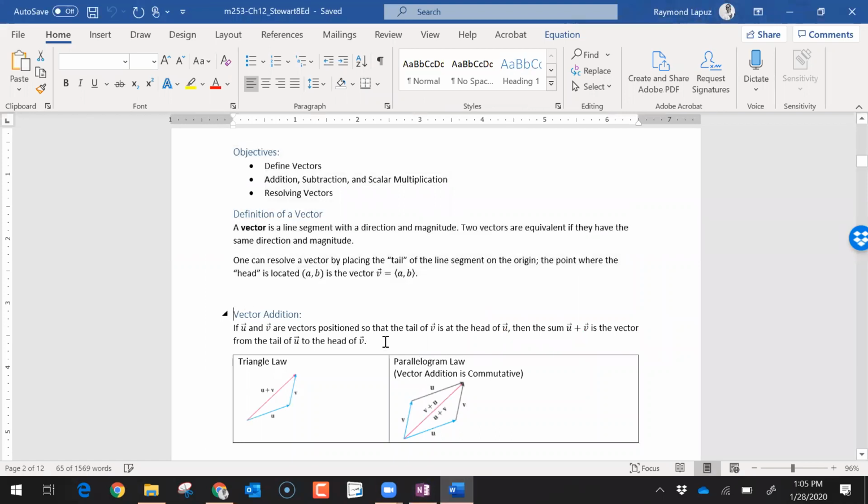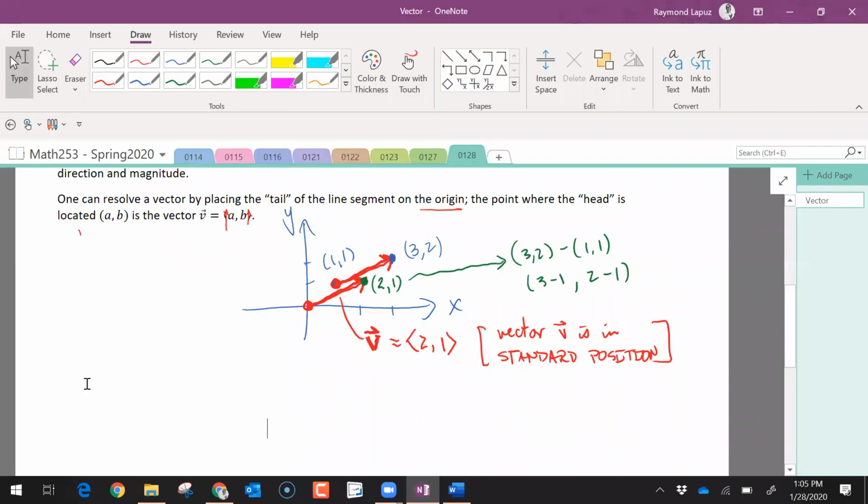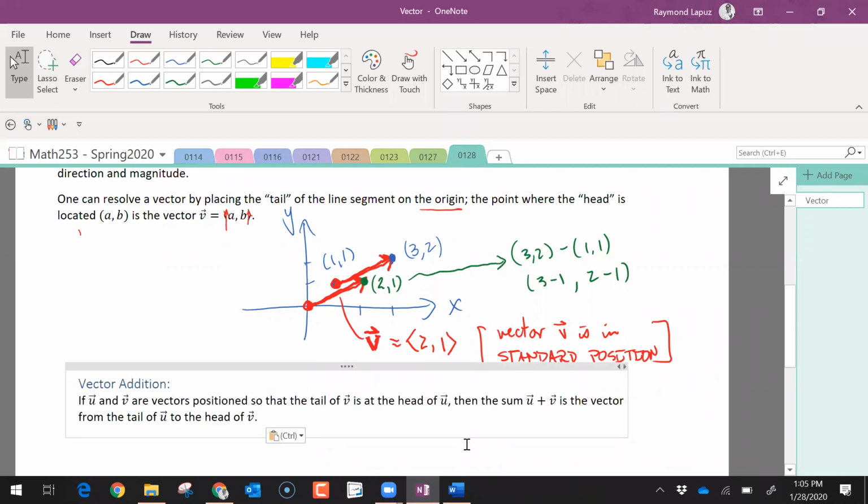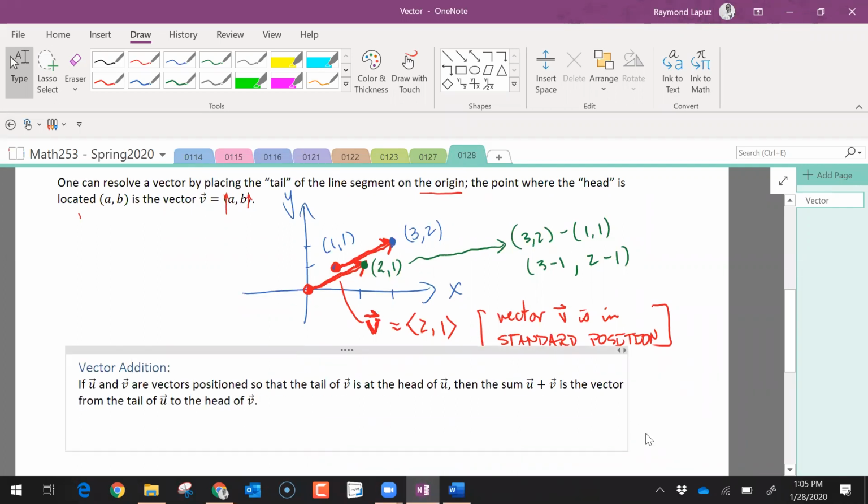What can we do with vectors? We can add them. Two vectors, u and v: if you position them so that their tails are together, or you can move one tail to the head of the other, then you can define the sum of the two vectors as going from the tail of u to the head of u, and then the tail of v connected to the head of u to the head of v.